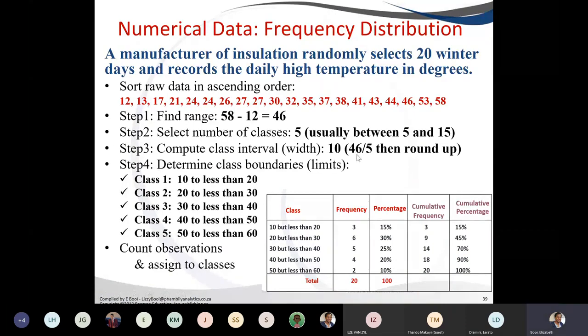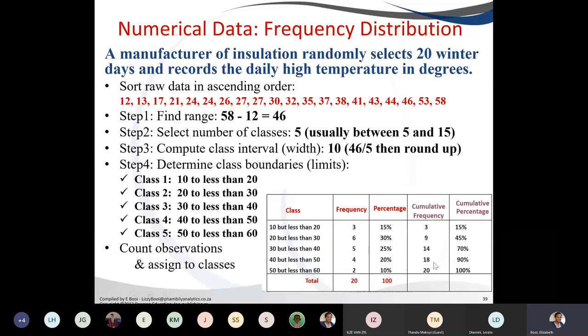Now, in the exam, when they ask you a question, they might ask something like, how many days was the temperature less than 50? When they ask you in that manner, it means every day that was less than 50, which will include all the previous classes as well.